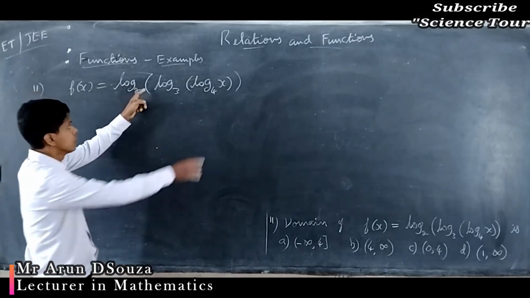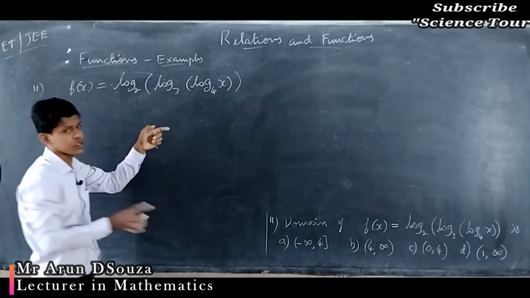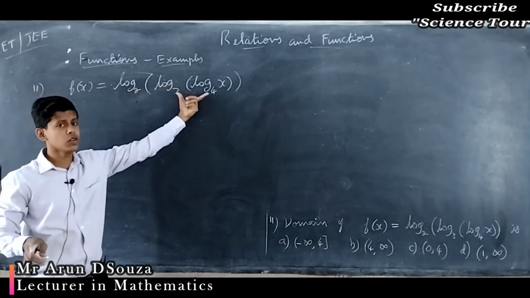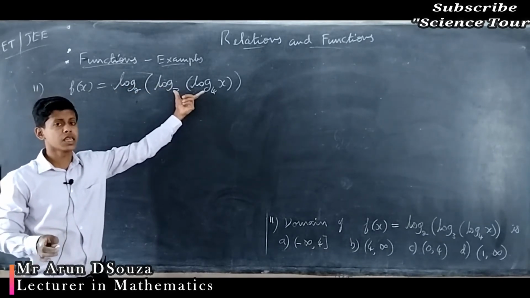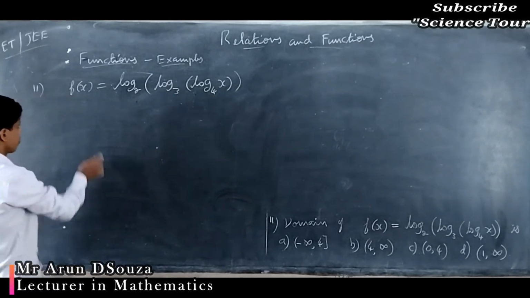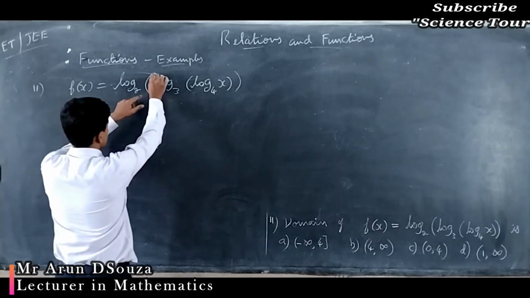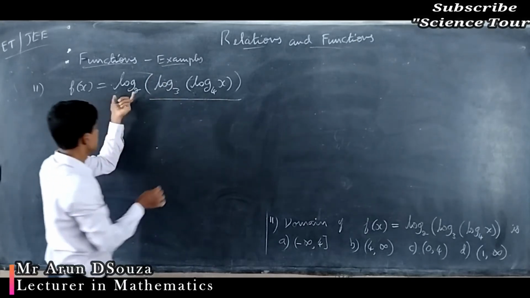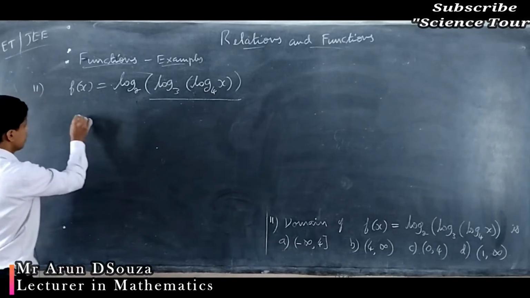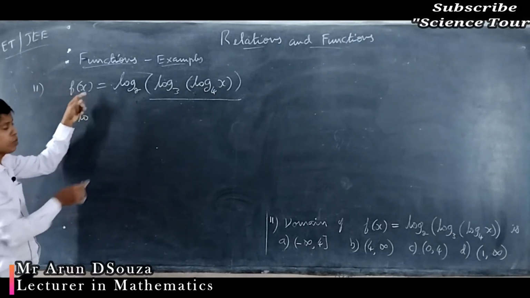Only if this quantity is positive. See, log takes only positive values, it does not take negatives, it does not take 0 also. So this quantity that you see within the log must be positive, then only f of x will be defined.